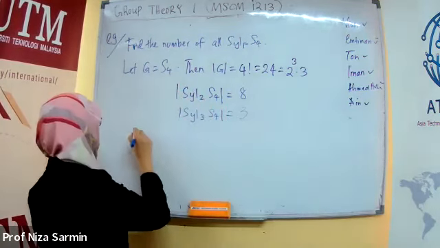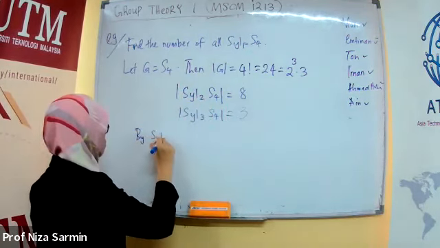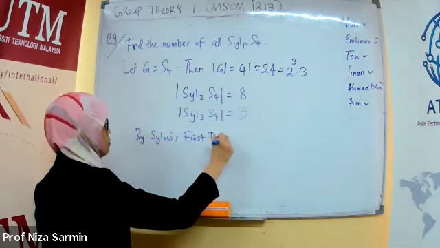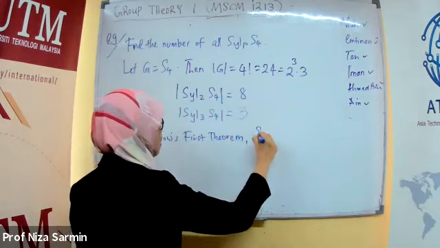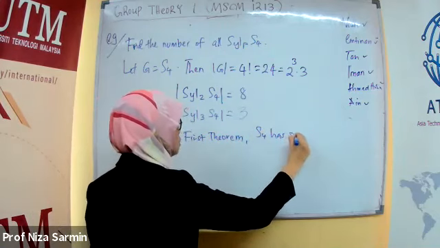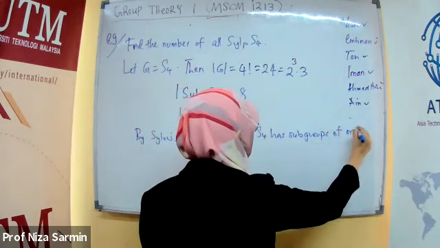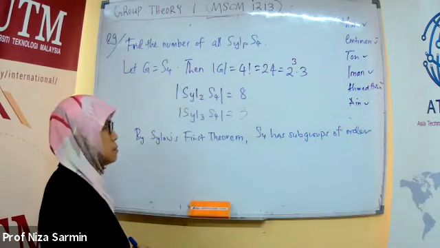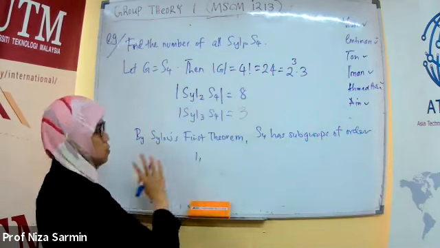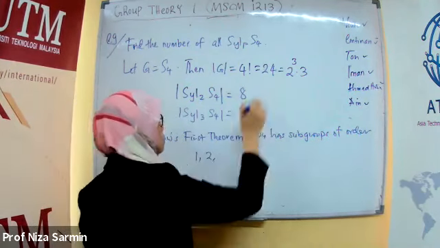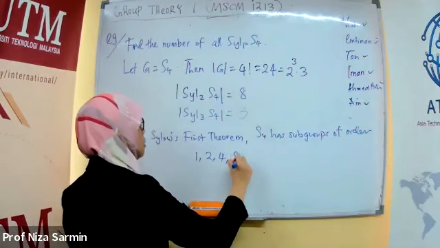Okay, so by Sylow's first theorem, S4 has subgroups of order 1, which is not by Sylow, but 2, 4, 8, 3.